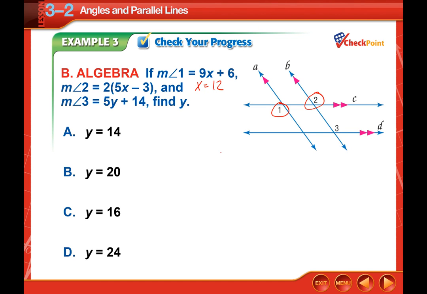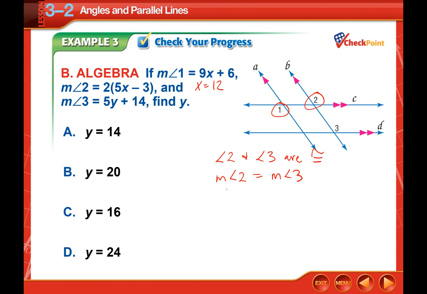We know that angle 2 and angle 3 are congruent because they are corresponding angles. Since they're congruent, their measures are equal, because of the definition of congruent angles.